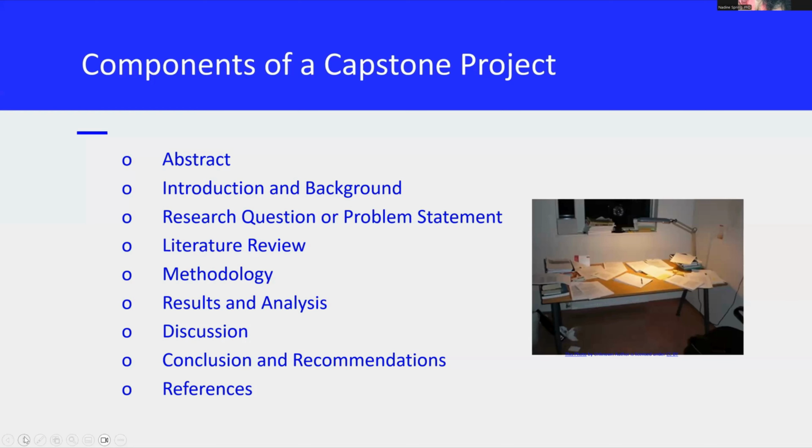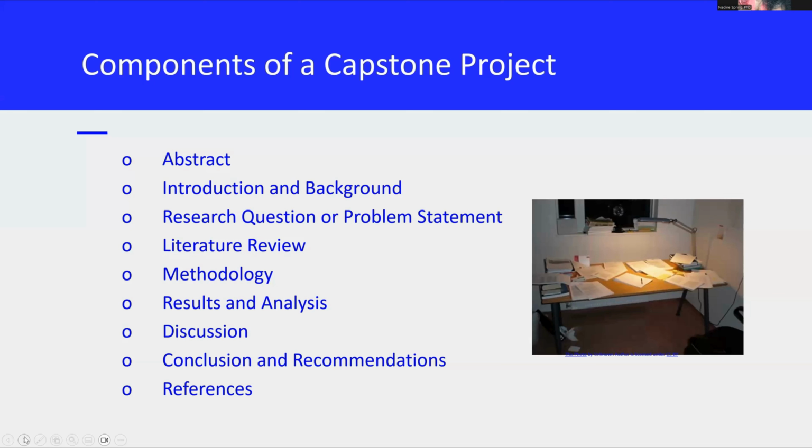You don't want to really be using articles from 1989, okay? You want to get articles that are recent, preferably within the last 5 years. So just remember that as much as possible, try to get recent articles. Of course, I know there are certain theoretical frameworks and theories where the articles may be older than recent. But that's fine. There's always exceptions to the rule.